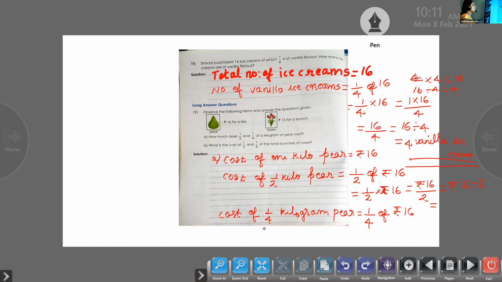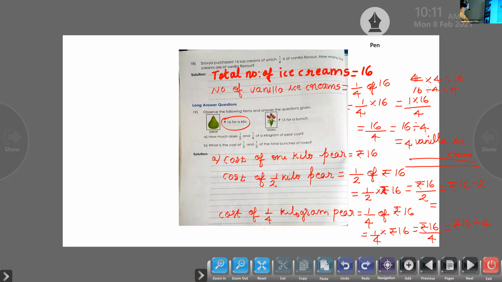To find the cost, you have to find 1 by 4 of the cost, rupees 16. So you will get 1 by 4 into rupees 16. That means rupees 16 divided by 4 equal to rupees 16 divided by 4.